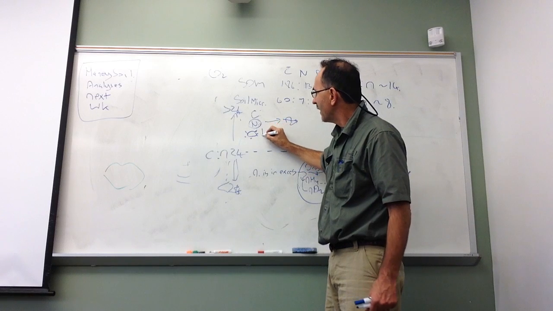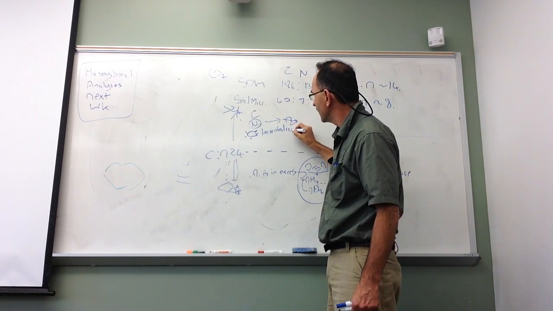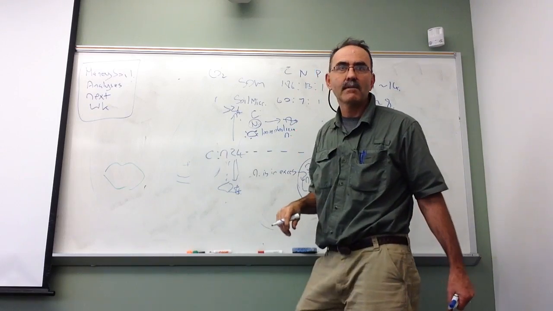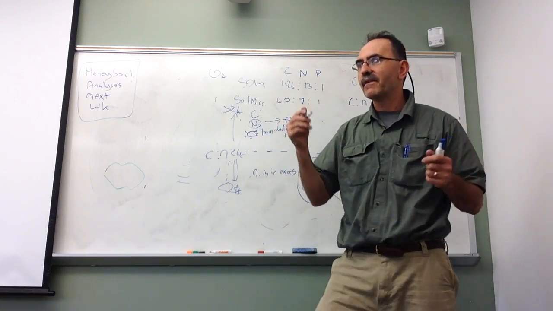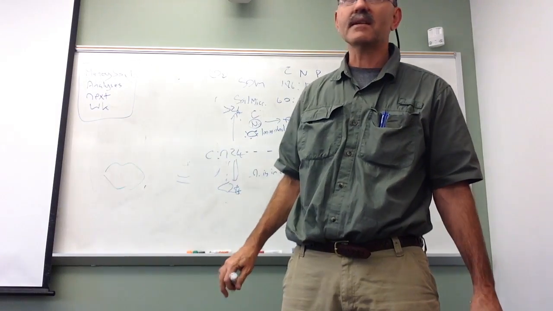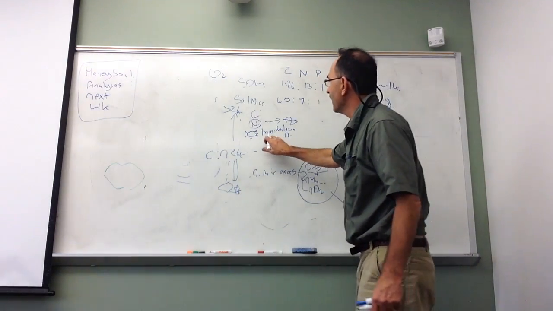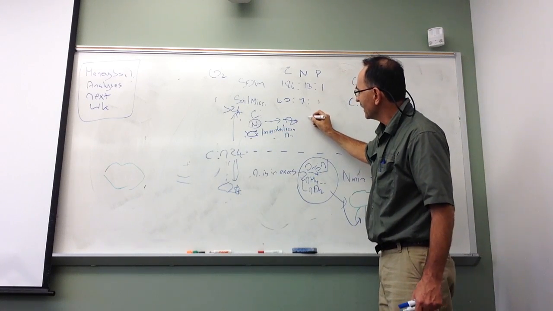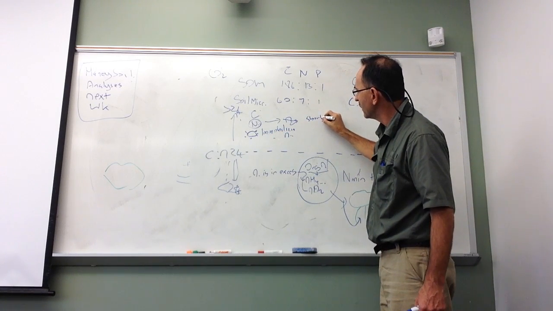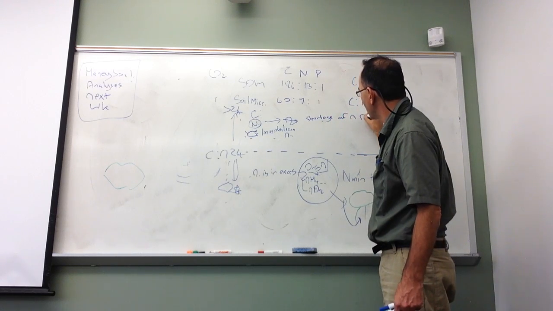Immobilization. They are immobilizing N. I know I've repeated it over and over again, but I want to make sure that you understand it. They're immobilizing N, and as a result there's a shortage of N for plants.